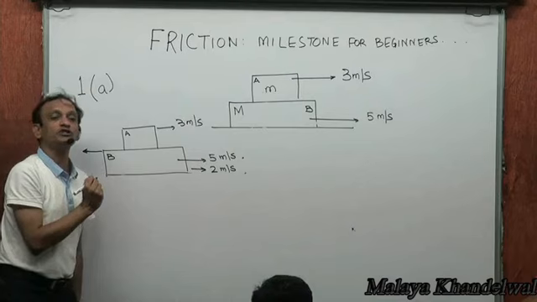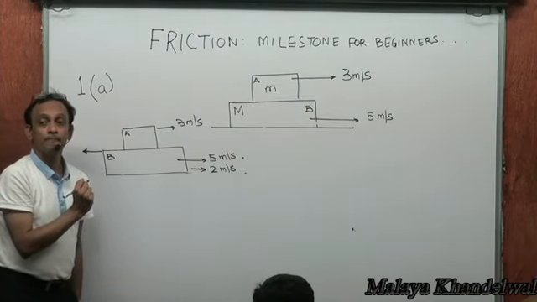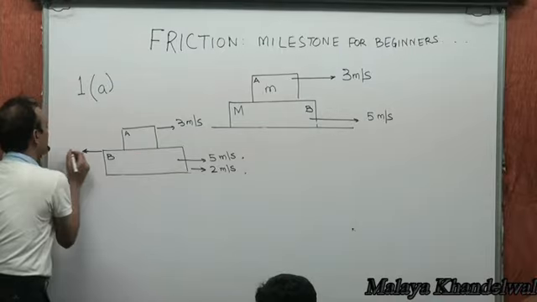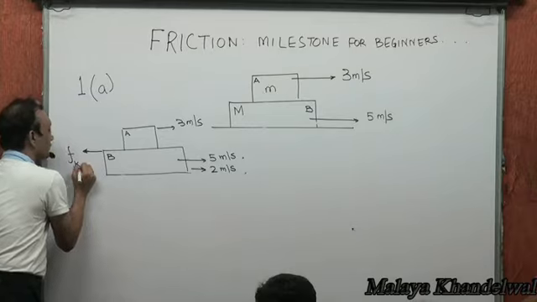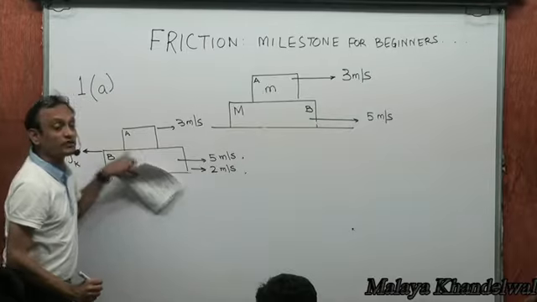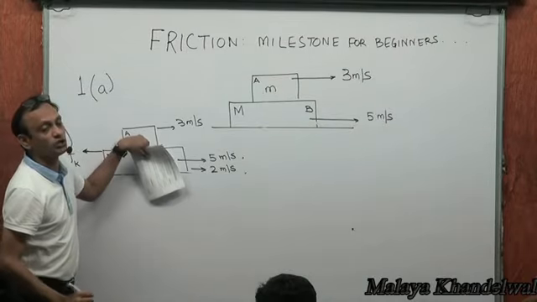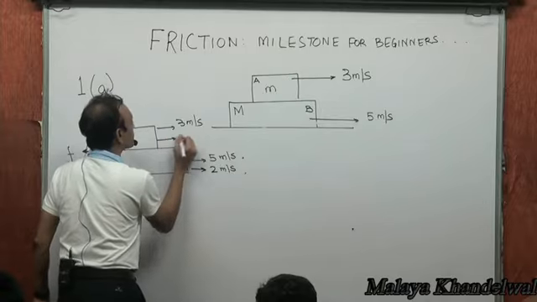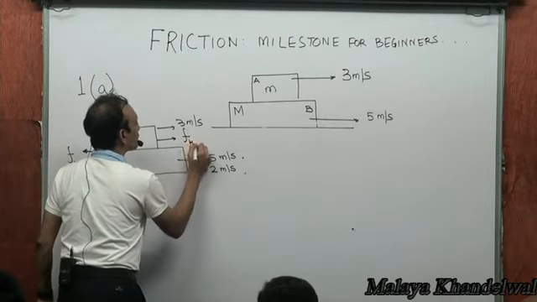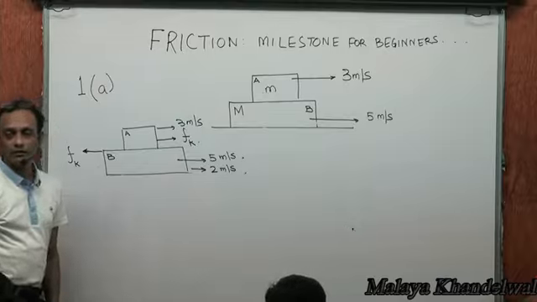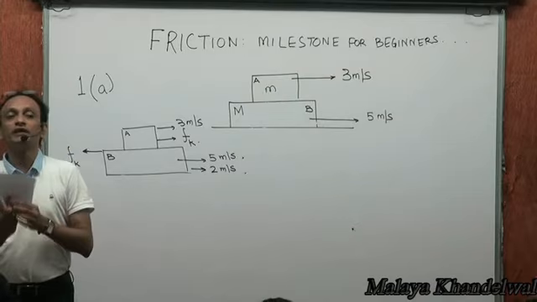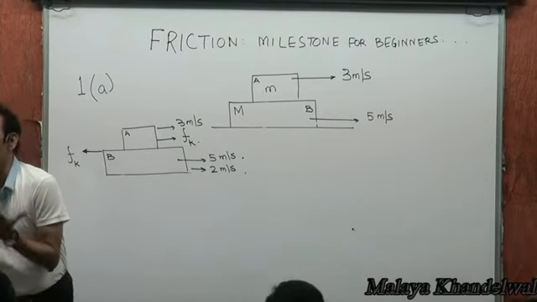Will it be kinetic friction or static friction? Kinetic, obviously. There is relative motion between the two, so friction has to be kinetic. Okay. If A exerts on B a frictional force to the left, B will exert on A a frictional force to the right. Right? Friction will always, like I said, act in a manner so that relative motion is discouraged.